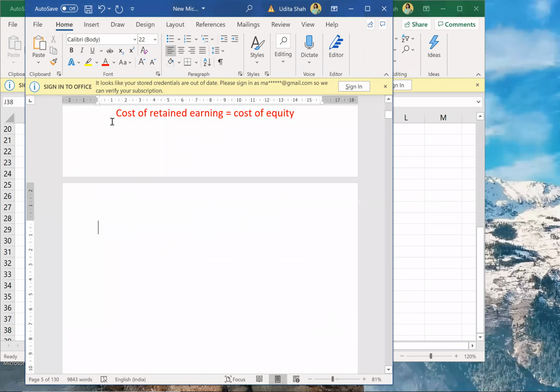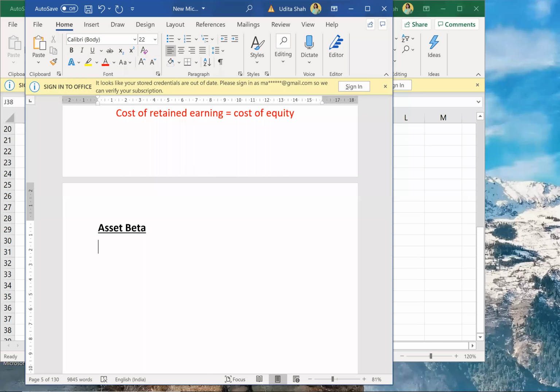Okay, so now we'll start with a new concept called as asset beta concept. Asset beta. Asset beta means what? We have to calculate the new beta, okay, for the entire industry.